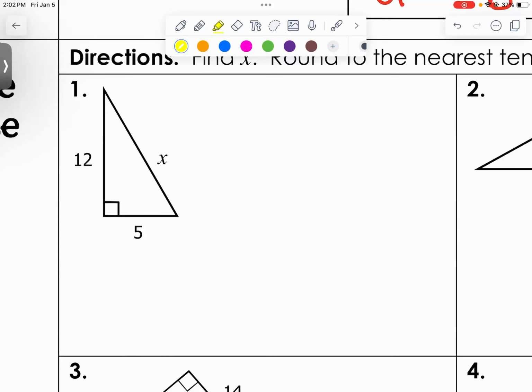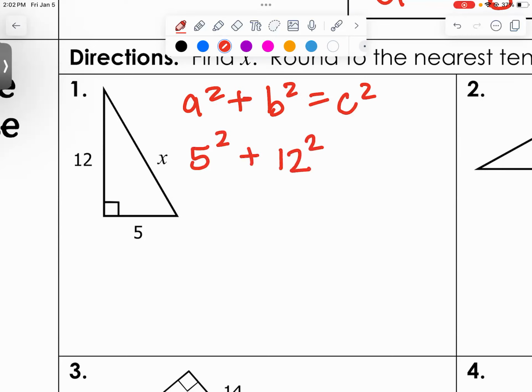Now we know that A squared plus B squared equals C squared. So what we're going to do, 5 and 12 are the legs. So I want you to write 5 squared plus 12 squared. Our hypotenuse is labeled as what? So we're going to write this as x squared.